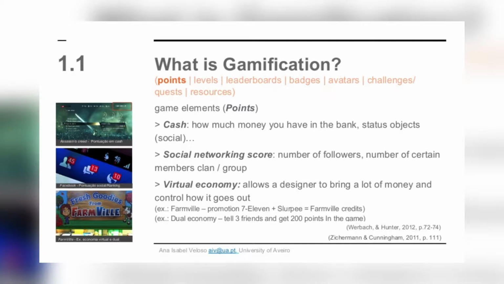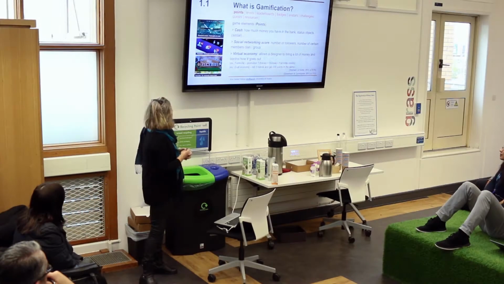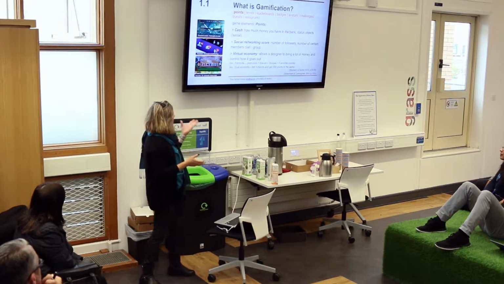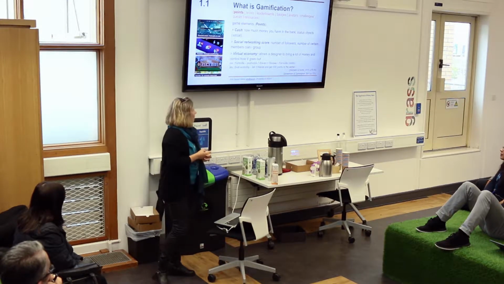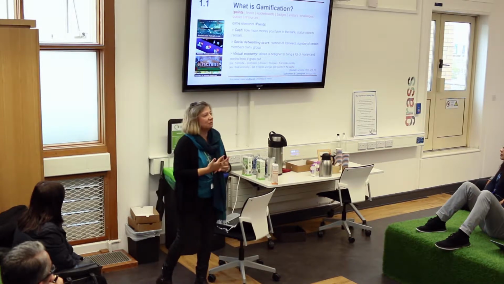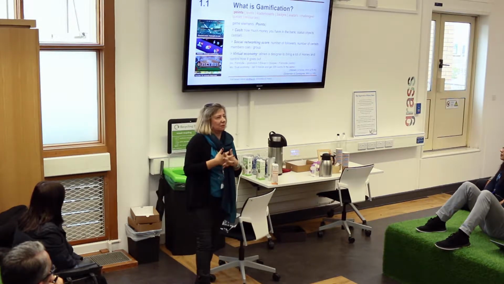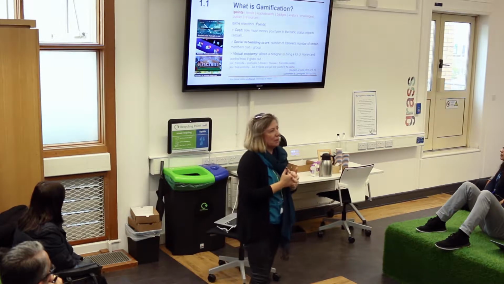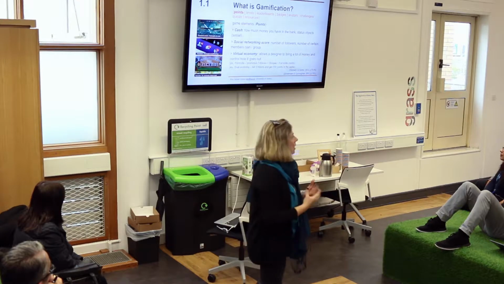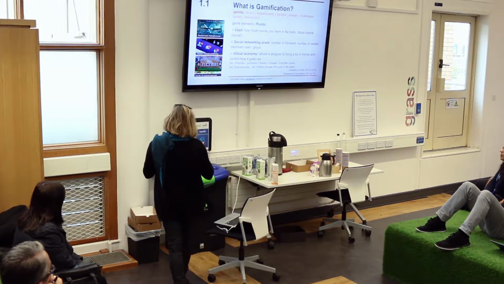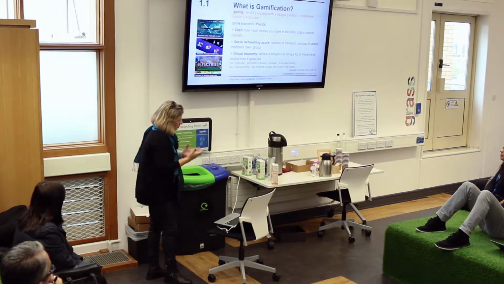That's a game element that you are using in the social network. And virtual economy, where you have credits and some money control that you can exchange for other items. The economy can be virtual or dual.